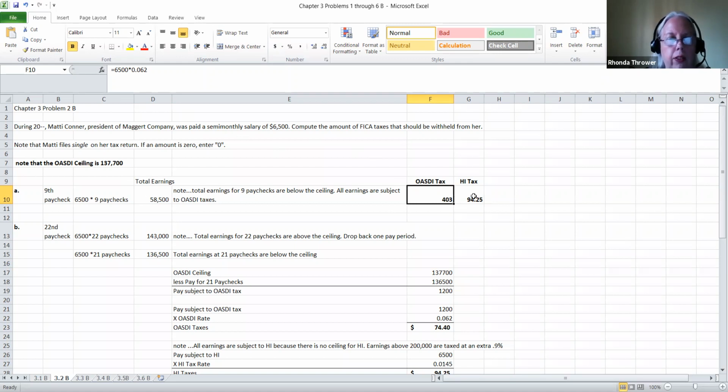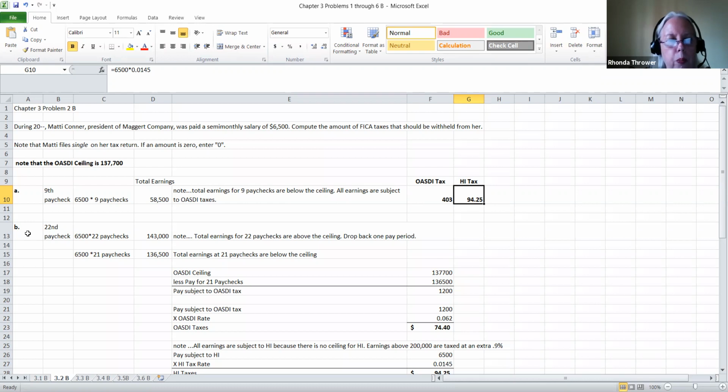For HI taxes, there is no ceiling, so the entire $58,500 is subject to HI tax. But for this particular payday, she's only being paid $6,500. So we're going to multiply $6,500 times 0.0145, which is 1.45%, and that will give you $94.25.